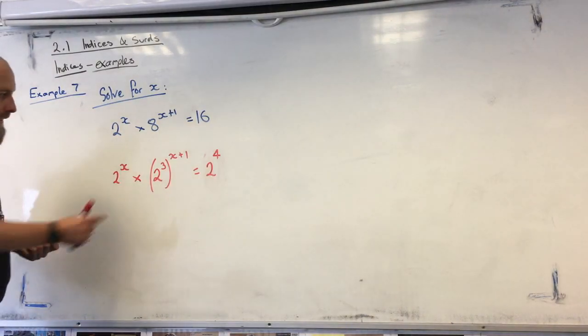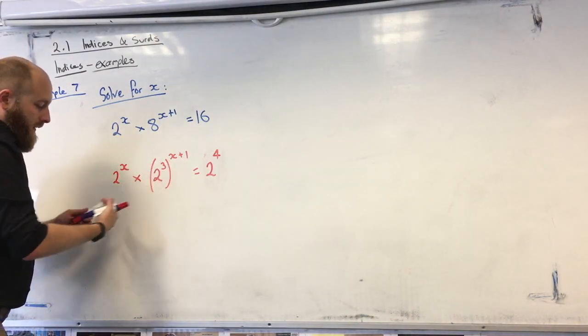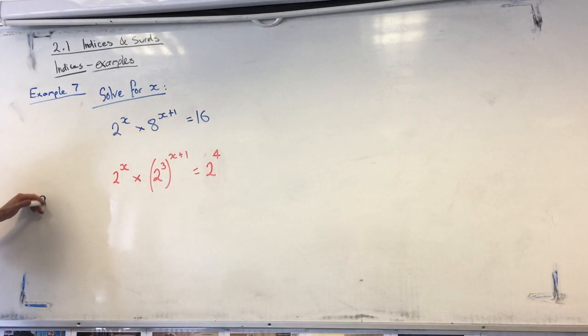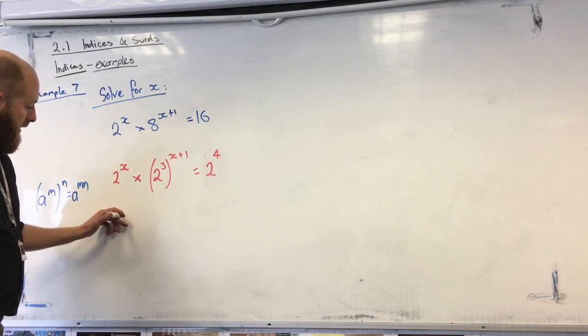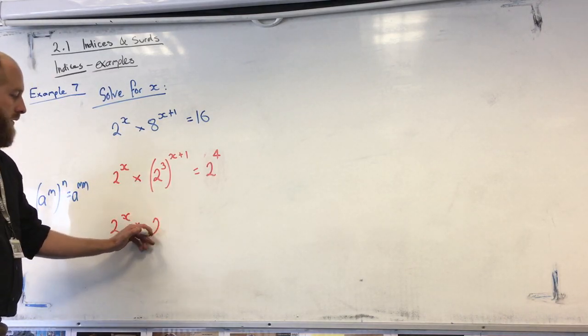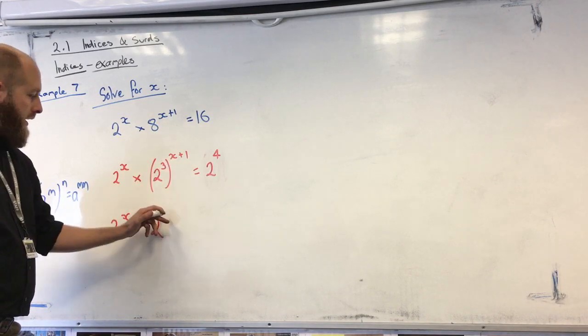Okay, so we're getting somewhere. Now we need to sort out this power. So again, the index rule there is a to the m to the n is a to the m times n. So this becomes 2 to the x times by 2 to the power 3x plus 3.